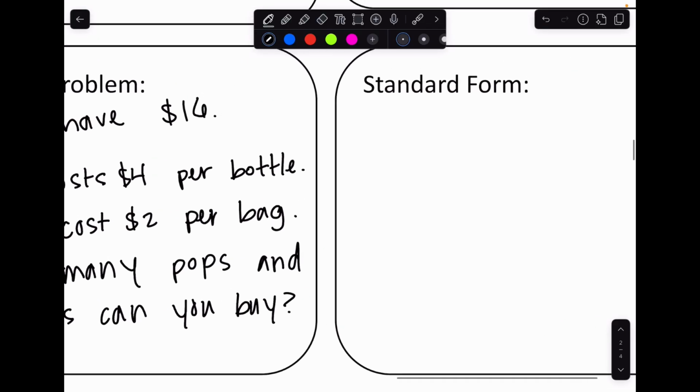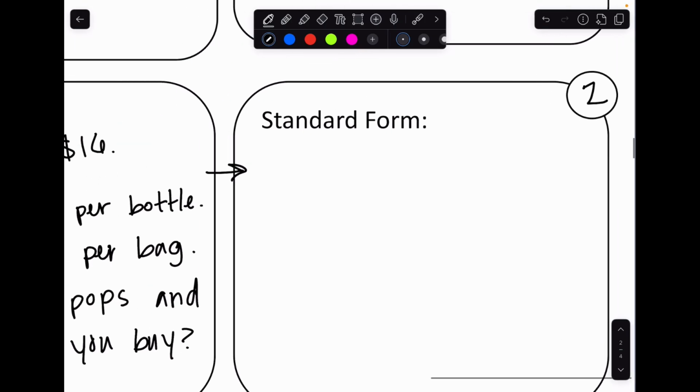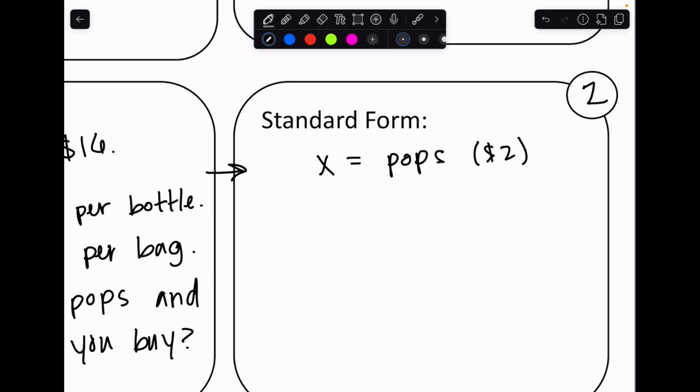Okay, so from here, let's talk about our standard form. From our standard form, we just have to assign variables, okay? So our x, we're going to make that our pop. And remember, that's $2. Our y, then, is going to have to be our chips.